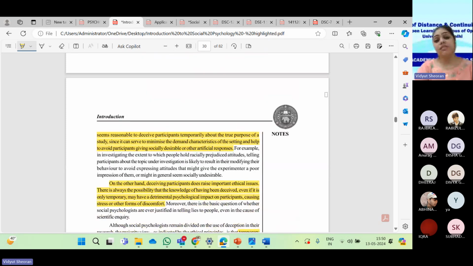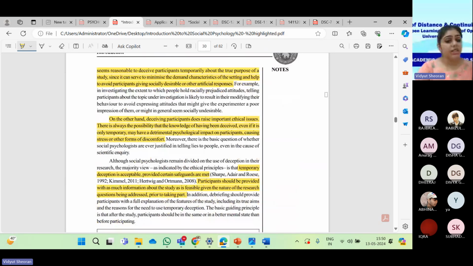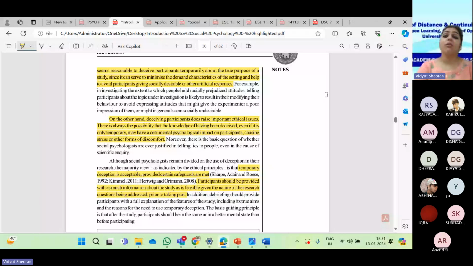But like I had said, deceiving participants does raise important ethical issues. There is always a possibility that the knowledge of having been deceived, even if it is only temporary, may have a detrimental psychological impact. कि ठीक है आपने बाद में बताया, लेकिन तब तक काम हो चुका है, उस काम का असर वो नहीं पड़ेगा जो पड़ना चाहिए था, which causes a lot of stress in the form of discomfort to the participant.